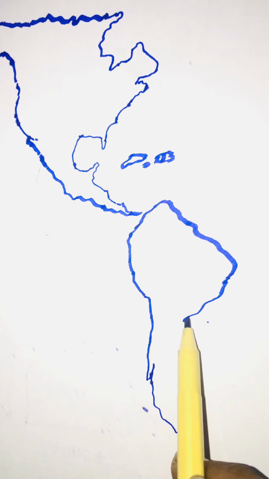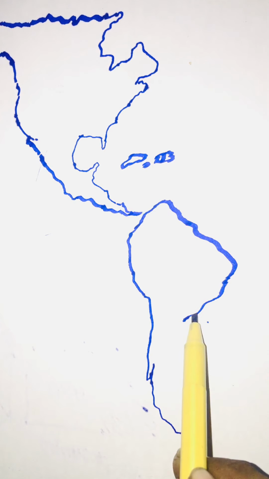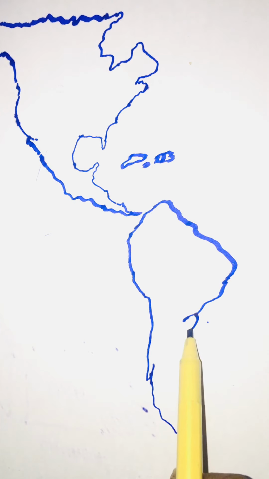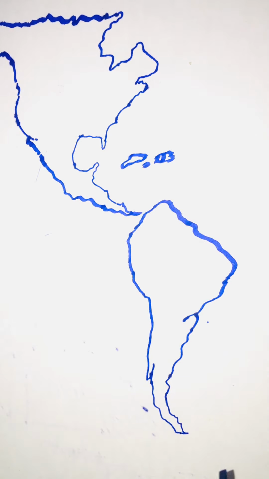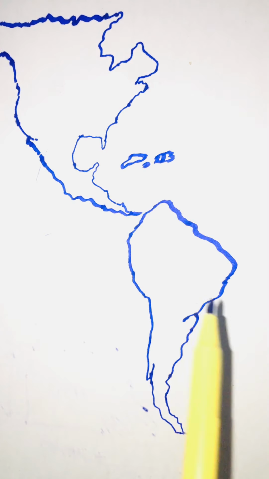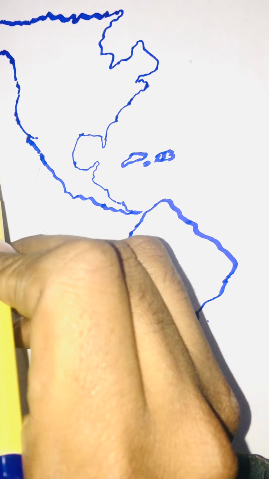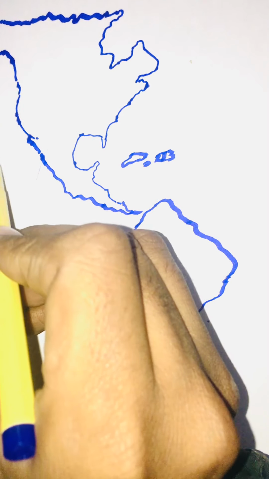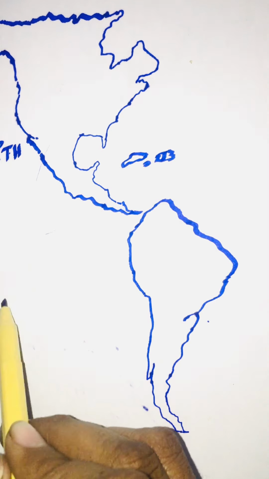Okay, so you have to now focus on this thing, and from here you are coming down this way, and you make this thing. Okay, so this is North America. This is South America.